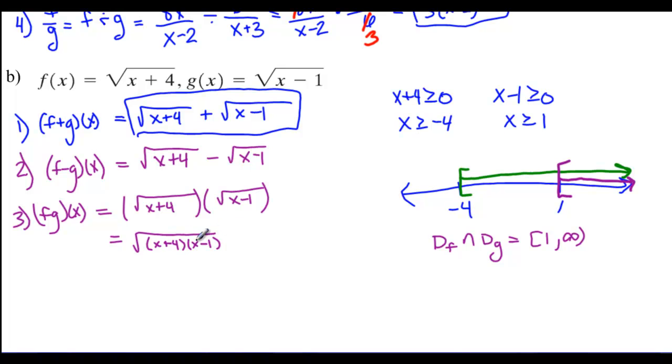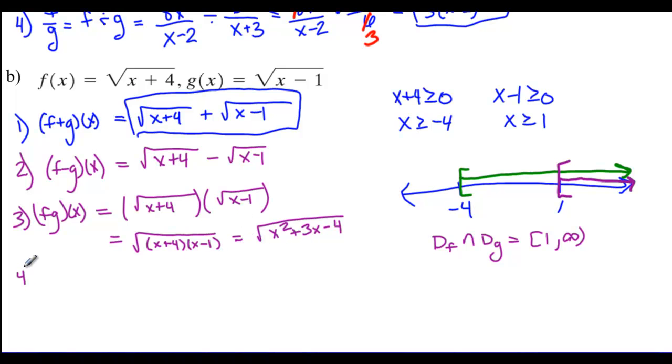And really, the only thing we could do here to possibly simplify would be to FOIL out to where we had the square root of x squared plus 3x minus 4. But really, this isn't going to do us any more good than this version. So either one of these should work.